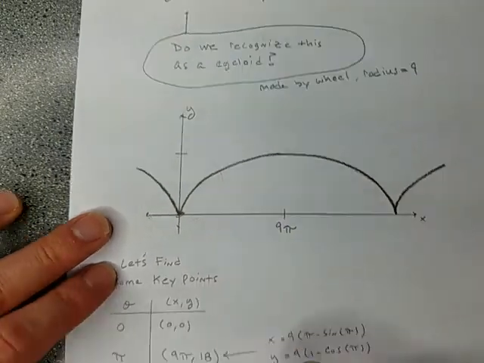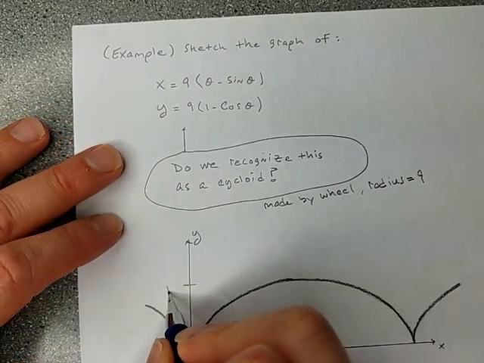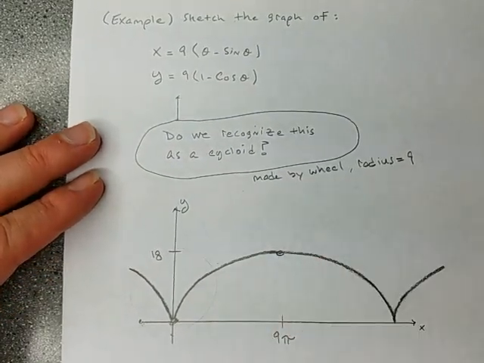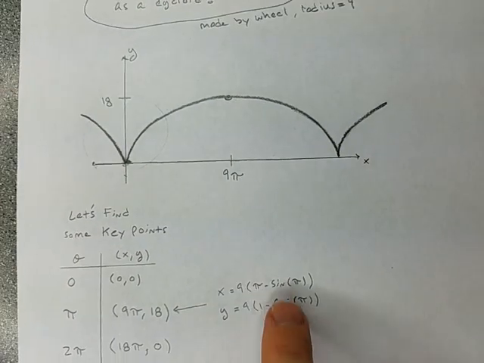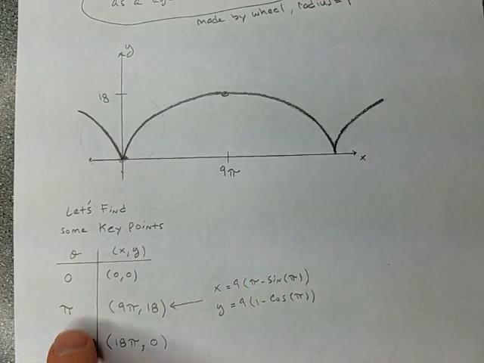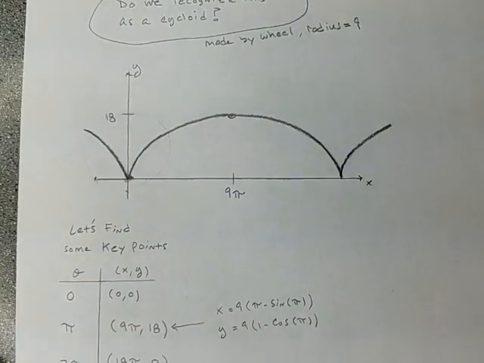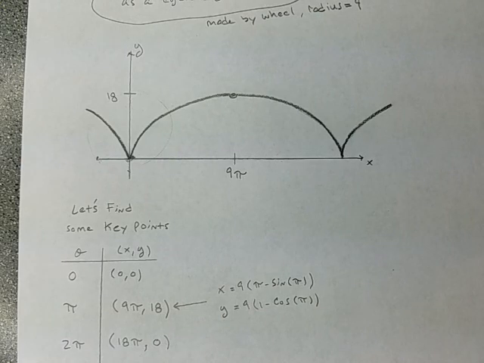That's 9 pi, that's x. 18, that's y. So that point right there is 9 pi and 18. Okay? All right. I just did the math. There's my equations. I put pi in. I know it's that point, though, at the top of the arc, because that's my angular rotation of the wheel. That's 180 degrees right there.